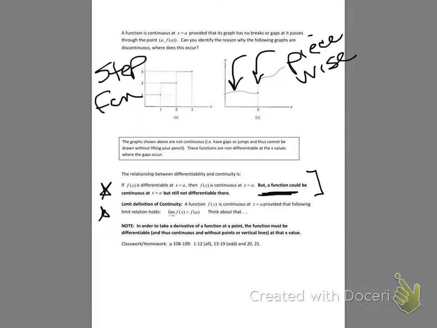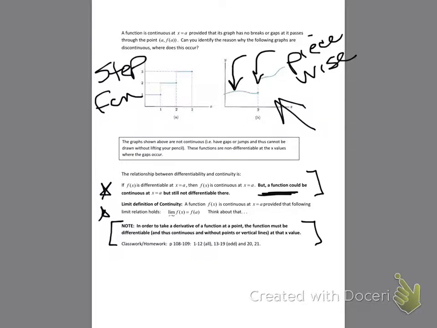Think about that in terms of the piecewise function, and you see that that's not true, so therefore it's not continuous. Special important note: in order to take a derivative of a function at some point, the function must be differentiable and thus continuous, and without points or vertical lines, at that particular x value.